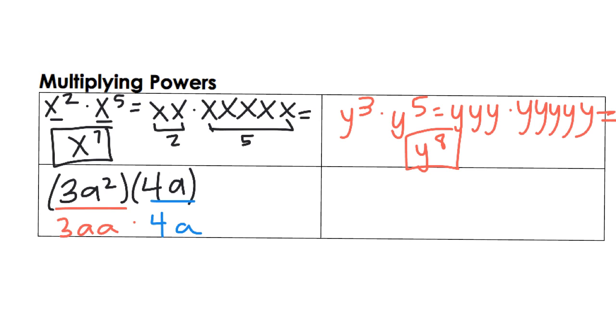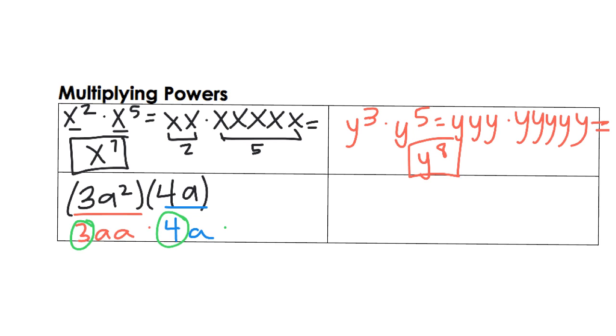I'm going to multiply all of this together. I can multiply these coefficients. 3 times 4 now is 12. And then I have 1, 2, 3 factors of a, so 12a to the third, because there are 1, 2, 3 factors of a.